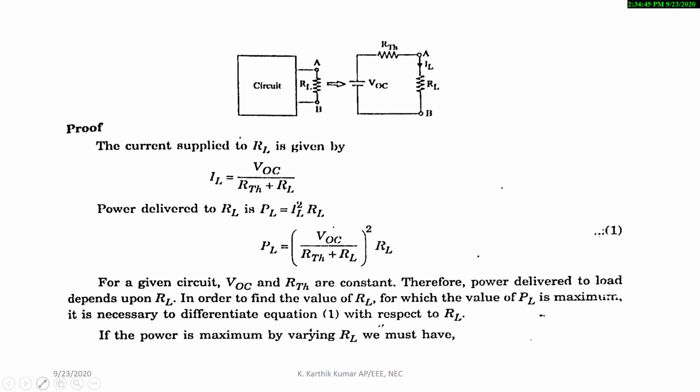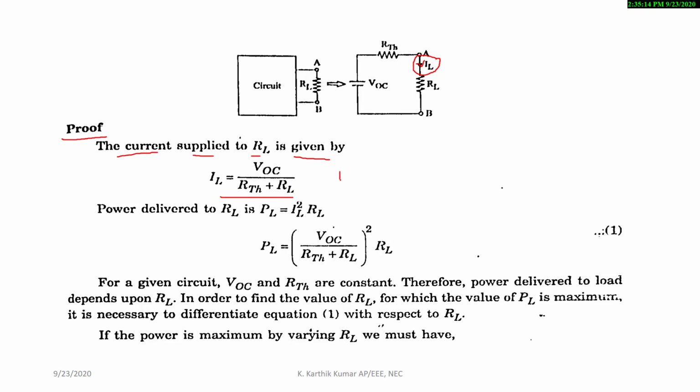And here is the proof, or explanation, to find the maximum power transfer equation. The current supplied to RL is IL, which is given as IL equals VOC divided by RTH plus RL.